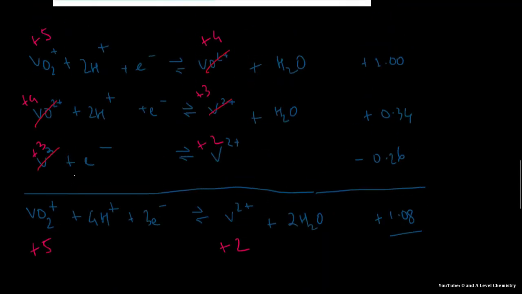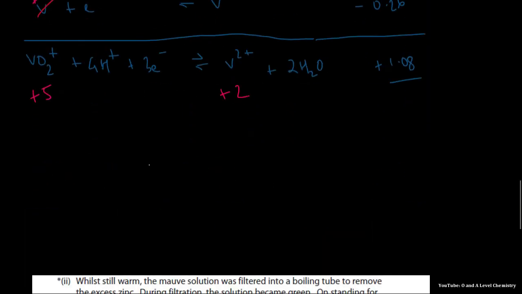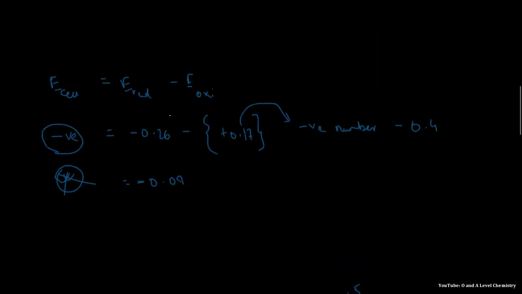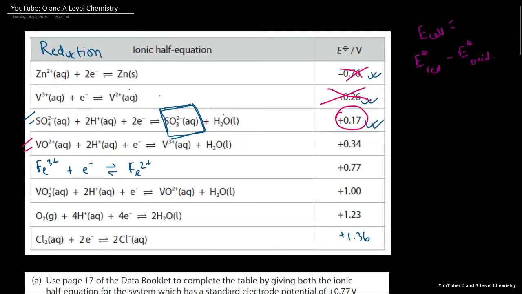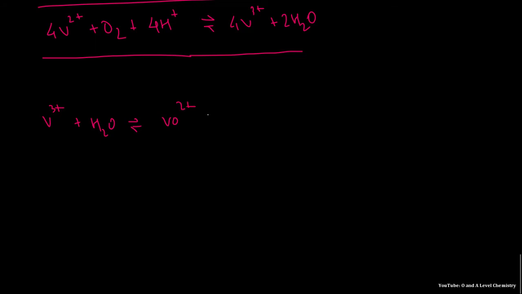And then from 3 to 4. So I go back. I have the 4 to 3, so I'll just flip it. So 3 to 4 is going to be V3+, and it's going to be this.